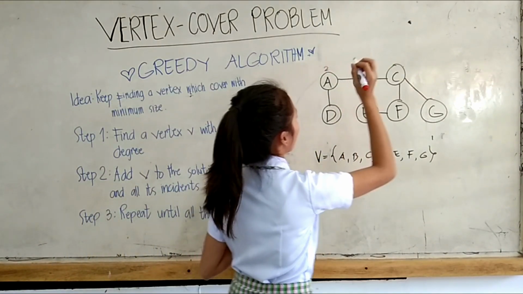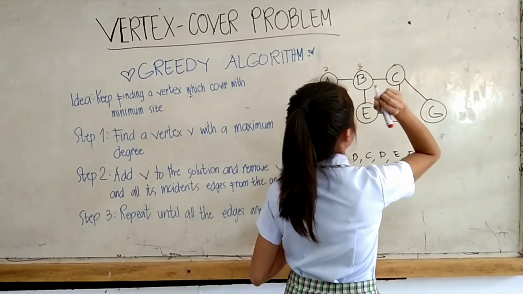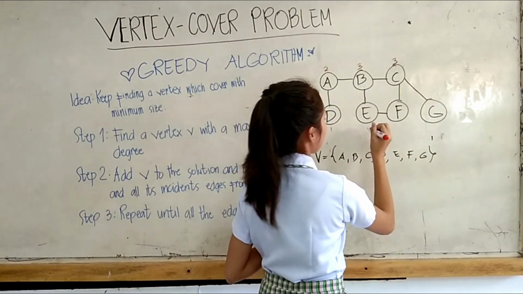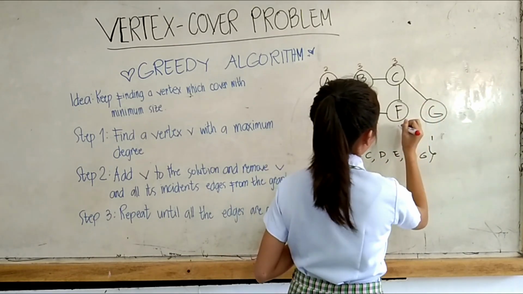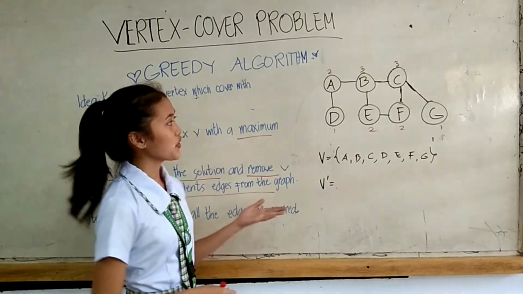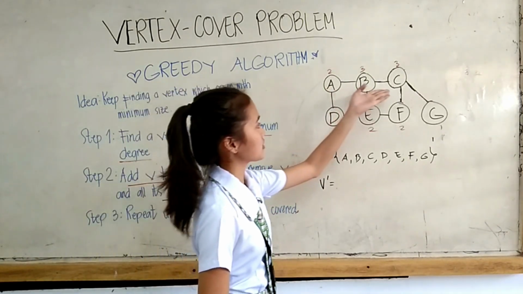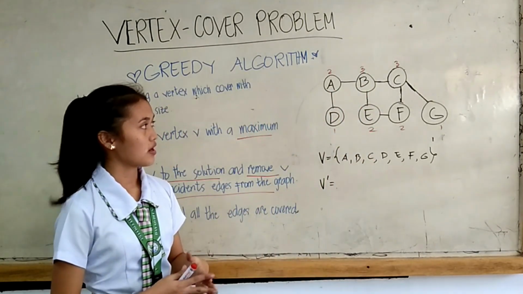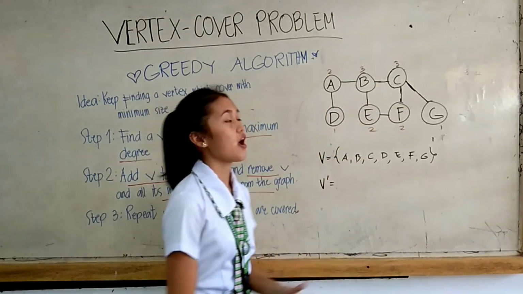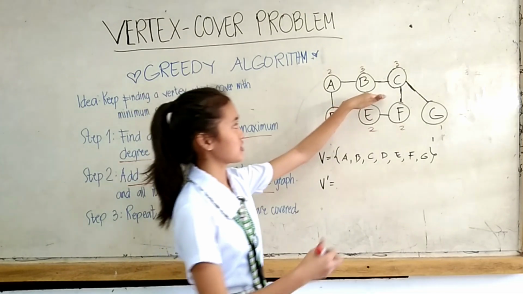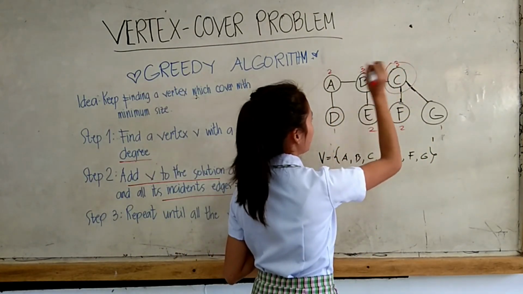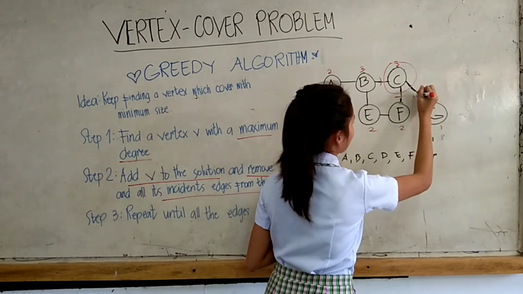Vertex A has 2, vertex B has 3, C has 3, D has 1, E has 2, F has 2, and G has 1. As you can see, vertices B and C have the same degree. Either you choose B or C, but I rather choose vertex C. So it can cover this edge, this edge, and this edge.